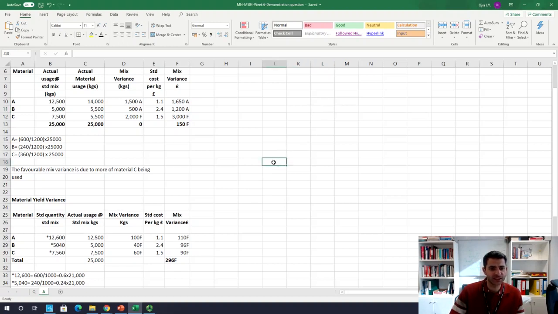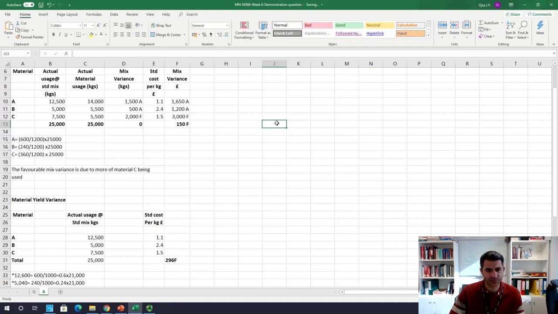If you look at the material yield here, I want you to draw 6 columns. Same with this.